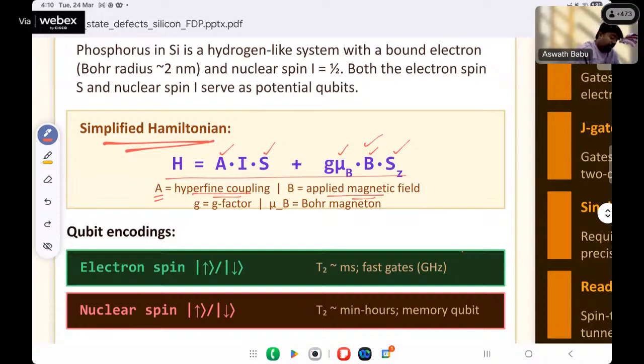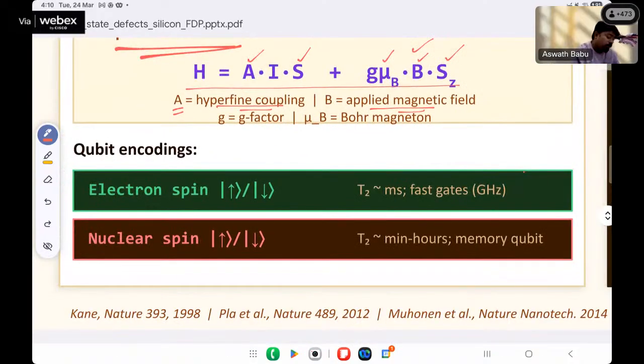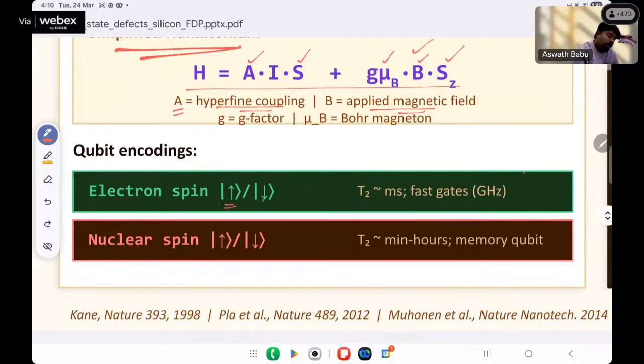So if I want to do the encoding, how am I going to do it? I can make the encoding in such a way that the electron can exist in upspin or downspin. There is downspin, there is upspin, and these are separated by some energy. The electron may become downspin or upspin continuously, just like going between ground and excited state in the orbital picture. So what is the lifetime of such a superposition?